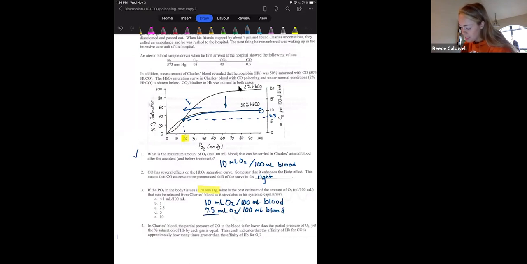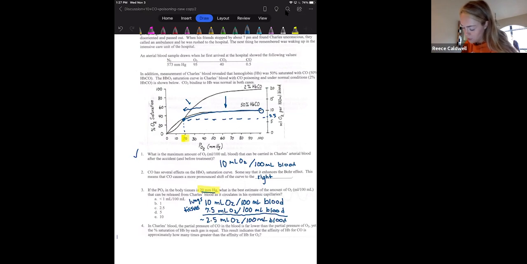So when we move from the lungs to the tissues, which we are now considering as 20, though it'll always be 40 unless given another value, that difference or release is about 2.5 milliliters of O2 per 100 milliliters of blood.